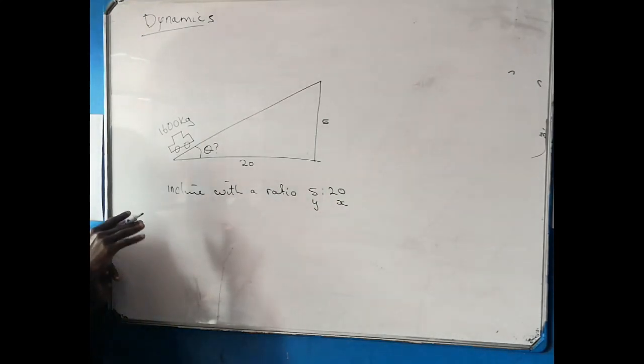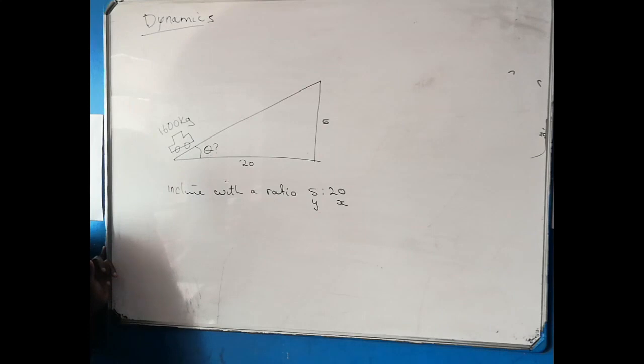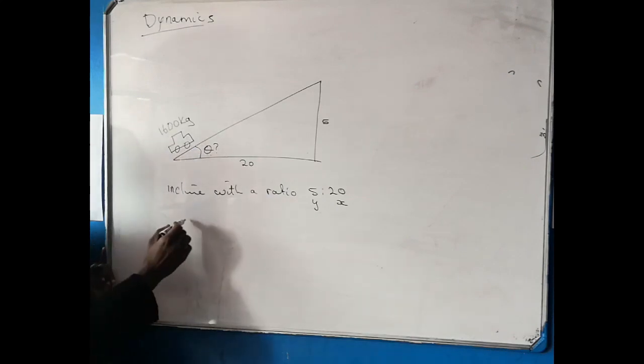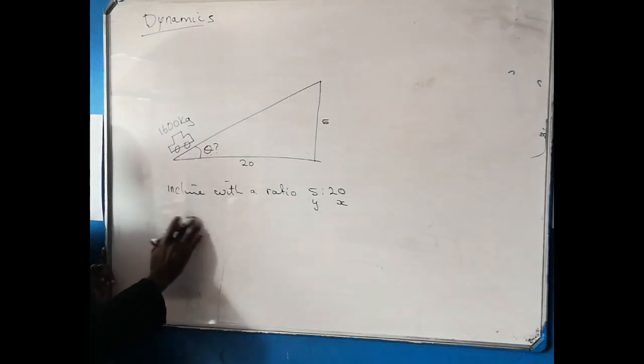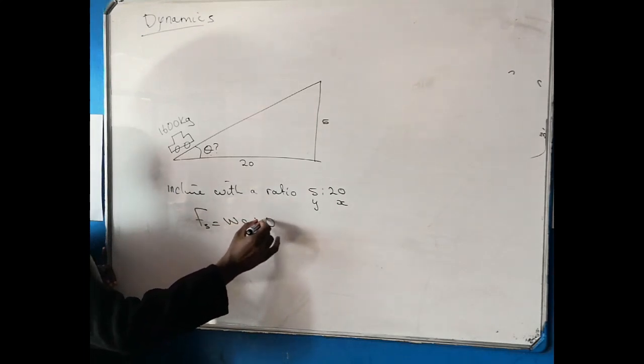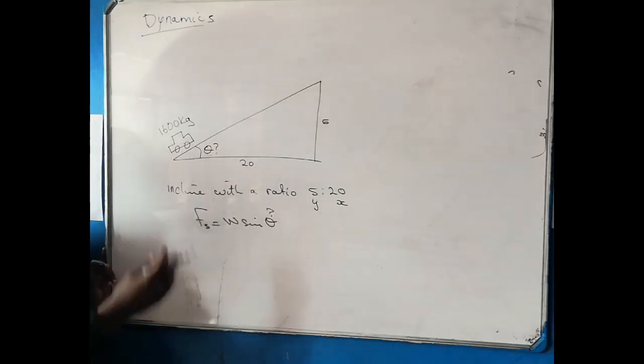If they give us a ratio, it means they're not going to give you the angle of that incline. Which means that if you are to calculate the sliding force, which we said is sine theta, you need to figure out what that theta is.